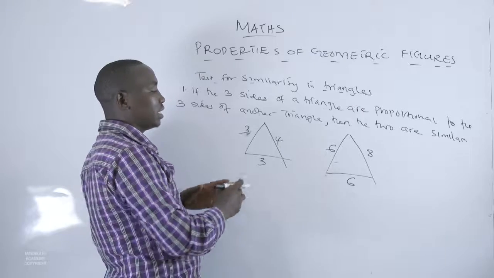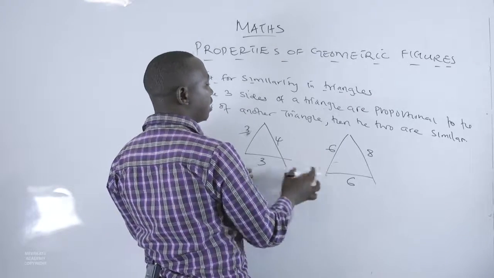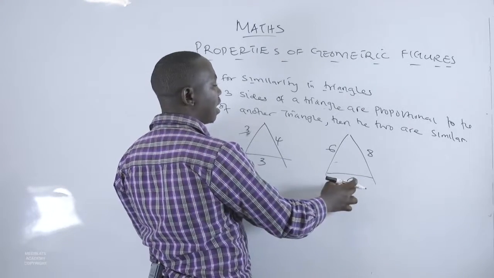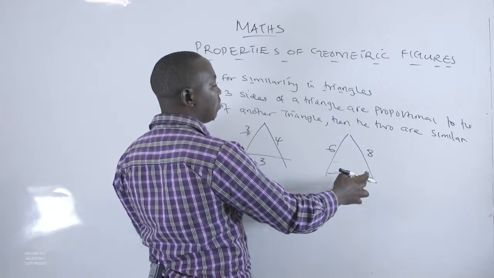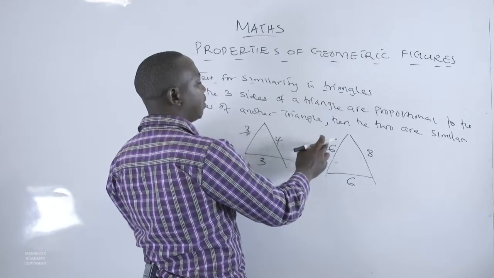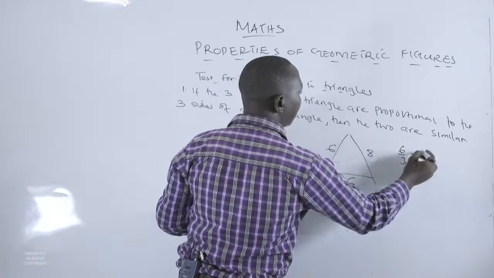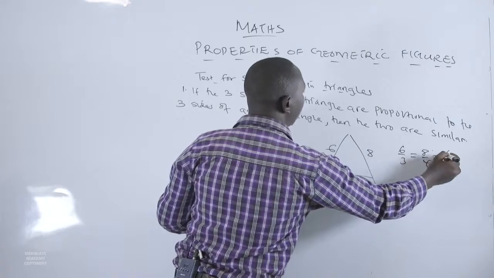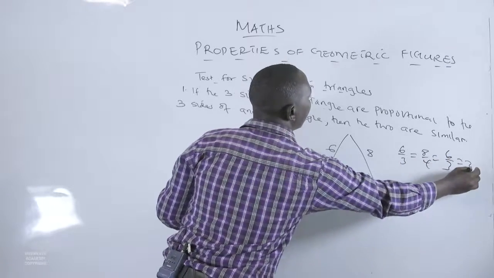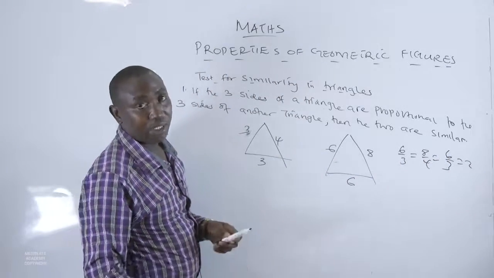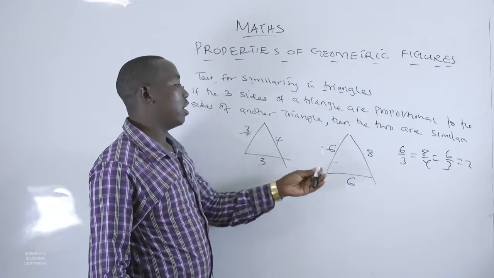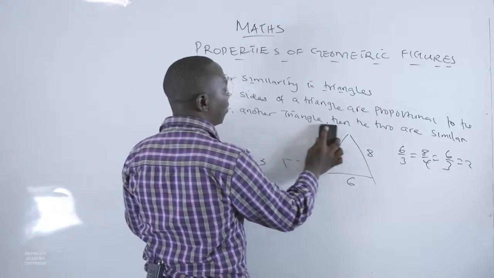So you can see that the pairs, all three, this and this, will give you the same ratio as this and this. That is 6 over 3 is equal to 8 over 4 is equal to 6 over 3, which is equal to 2. So in that particular case, you'll be able to say that this triangle is similar to the other triangle.